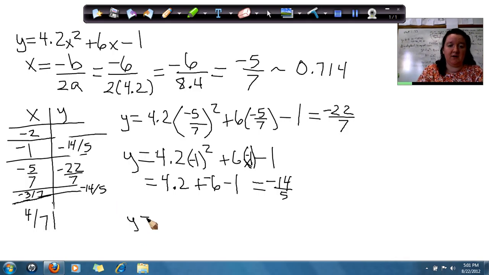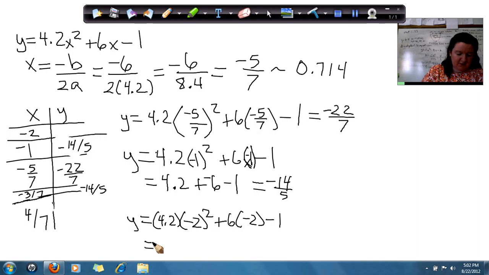Okay. Let's look at a negative 2. So y equals 4.2 and negative 2 squared plus 6 minus 2 minus 1. Click that through our calculator. 4.2 and negative 2 squared minus 12 minus 1. That gives us 19 over 5.